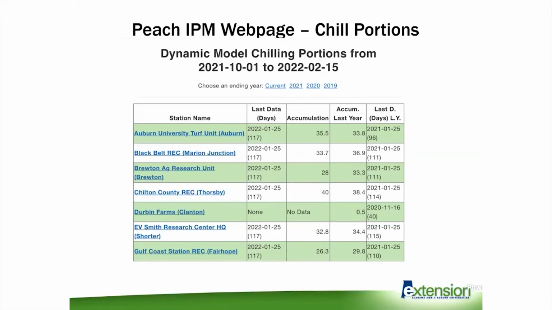You have to go back out to the main page and click on the link. Again, looking at the Chilton Research and Extension Center, at this time we had 40 chill portions accumulated, and at that time last year we had only 38.4.